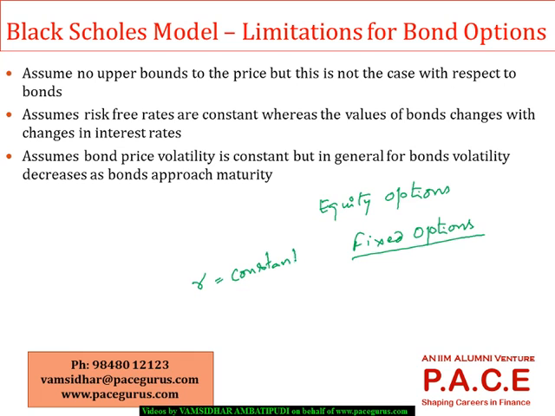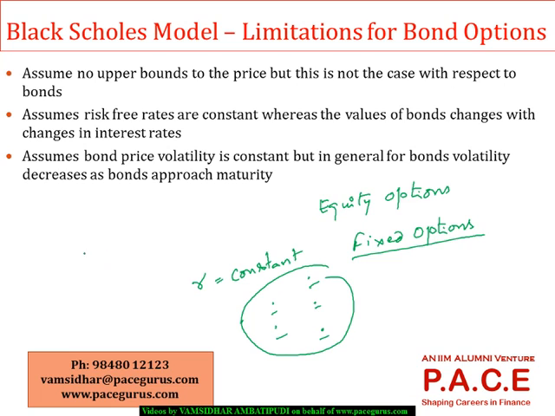Whereas in most of our fixed income derivative calculations which we have done some time back, we are seeing that the interest rates will keep changing. So if the interest rates are changing at each of the nodes, and because of that the value of the bond will change at each of the nodes, it means the interest rates are nowhere constant during the life of the option.